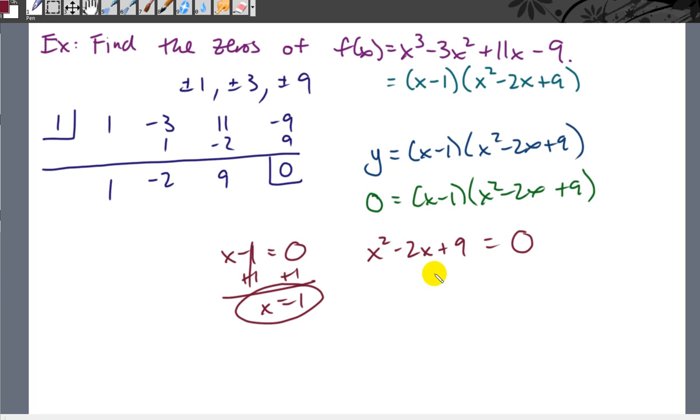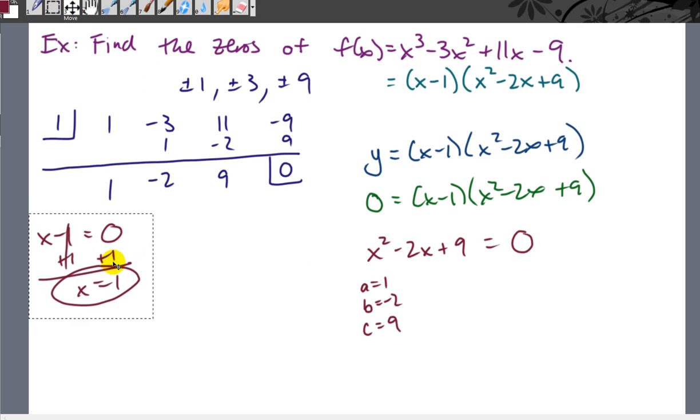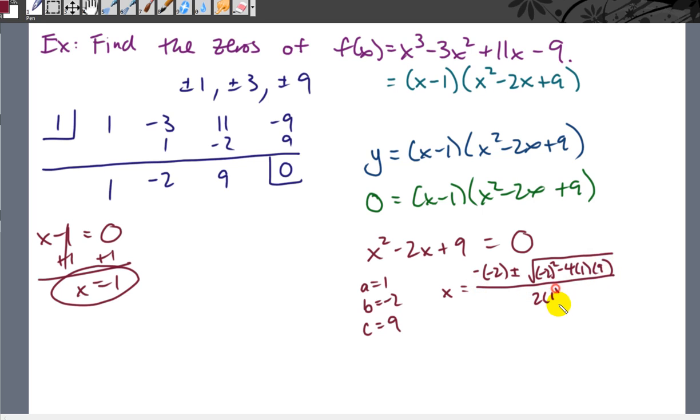If we use the quadratic formula, a is 1, b is negative 2, and c is 9. I'm going to put this on the side because I might run out of room. We have x equals negative b plus or minus the square root of b squared minus 4ac, all over 2a.